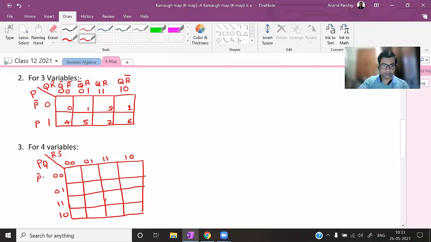Then this is P bar, Q bar. P bar, Q. We are putting bar for 0. PQ. This is P, Q bar. R bar, S bar. R bar, S. RS, RS bar.